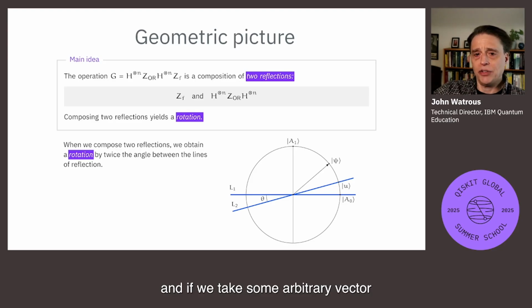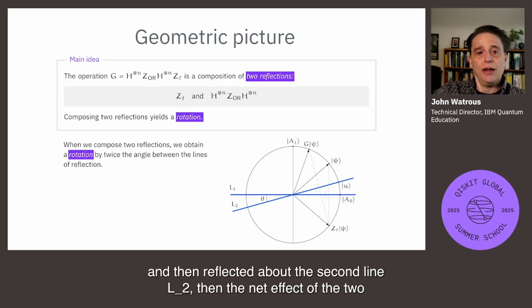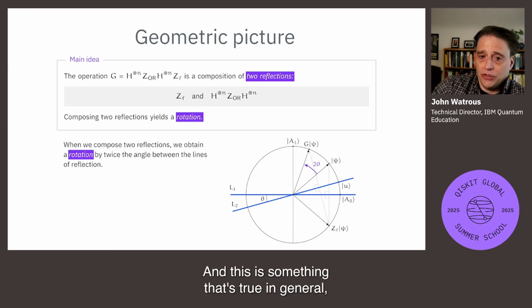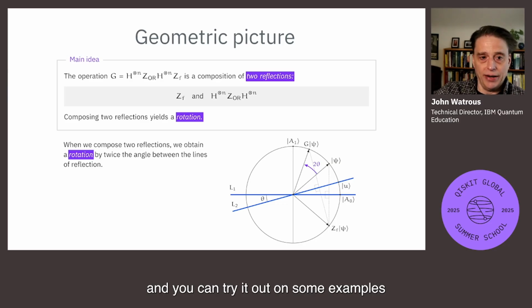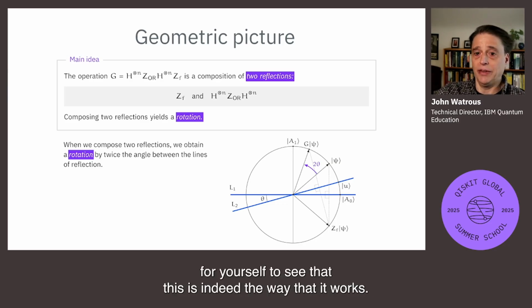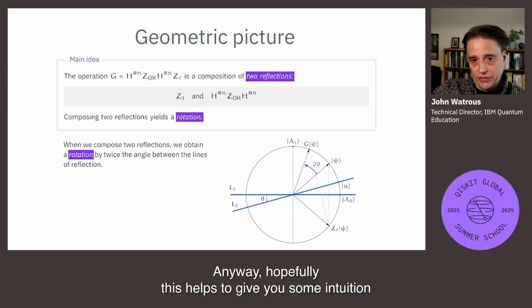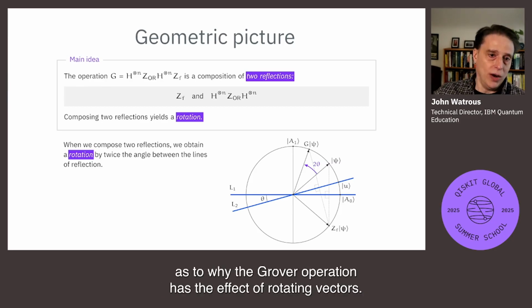And if we take some arbitrary vector psi, reflect it about the first line L1, and then reflect it about the second line L2, then the net effect of the two reflections will be to rotate the vector psi by an angle twice theta. And this is something that's true in general, and you can try it out on some examples for yourself to see that this is indeed the way that it works. Anyway, hopefully this helps to give you some intuition as to why the Grover operation has the effect of rotating vectors.